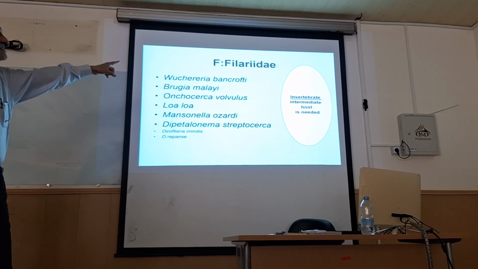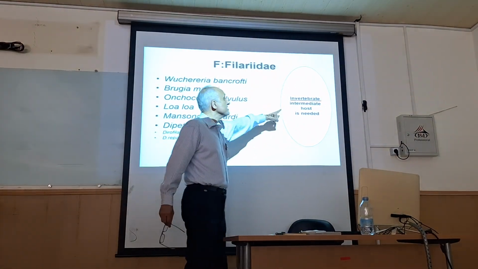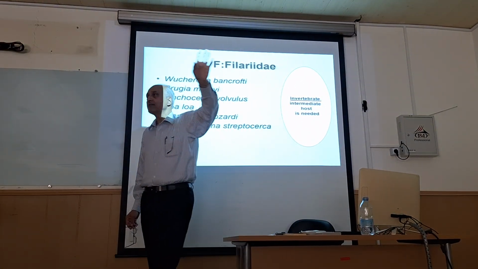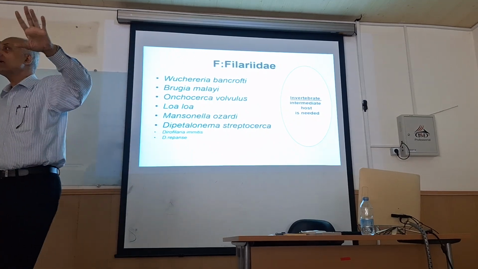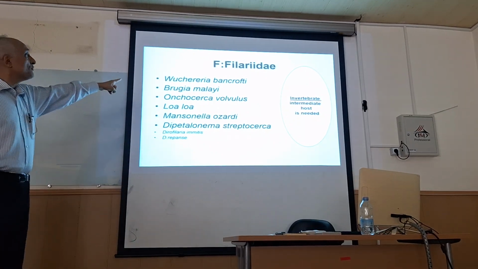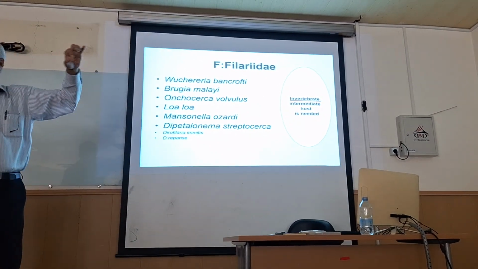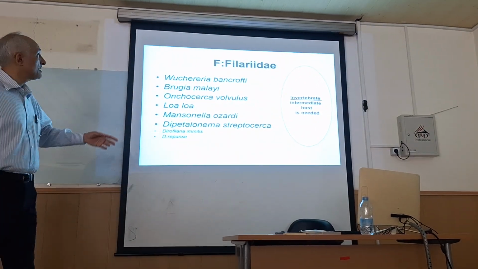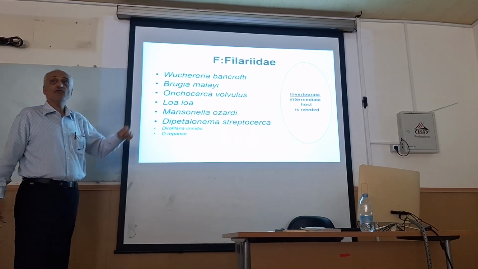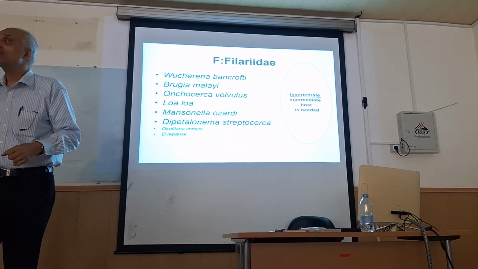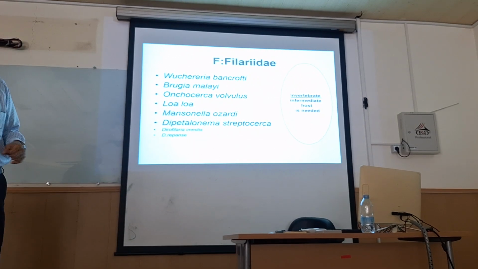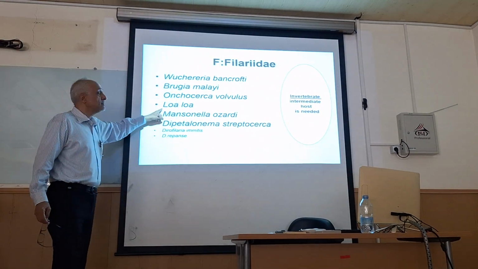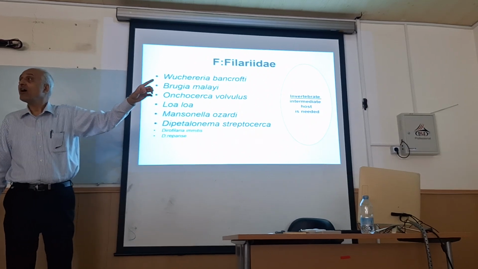For filariasis, an invertebrate intermediate host is needed because this is a vector-borne infection. Wuchereria bancrofti is the causing agent of elephantiasis. Onchocerca volvulus is the causing agent of river blindness. Loa loa is called the African eyeworm.